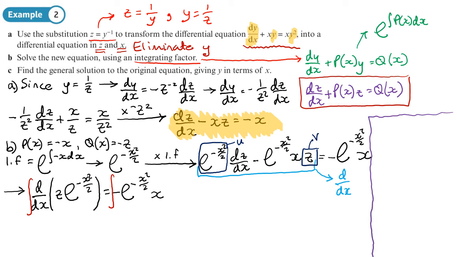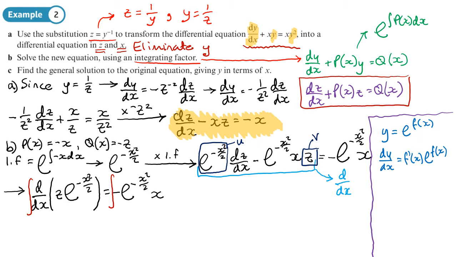Now to explain this, just a reminder, a quick way of differentiating e to a function is to say that dy dx is that function differentiated times e to the f of x. Okay, so that's how we would differentiate.